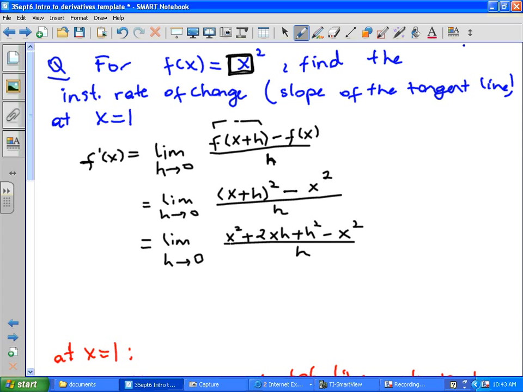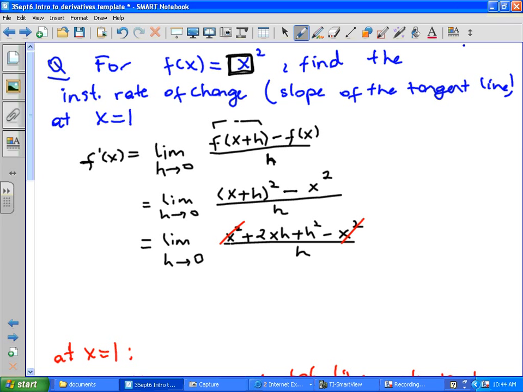At this point, you will always have simplifications, so the x squareds can be canceled. Now, if I was to plug in 0 for h, I'm going to have 0 over 0 right now. I've got to do something to simplify the situation. And this actually explains why we studied limits before derivatives. Because you see, in the definition of a derivative, we have to know about limits, basically. Okay?